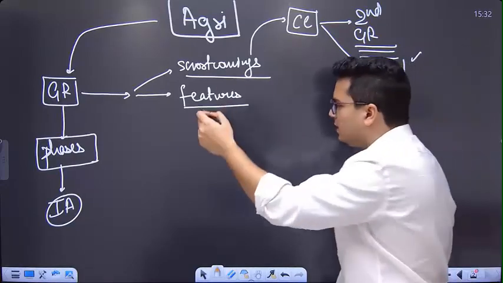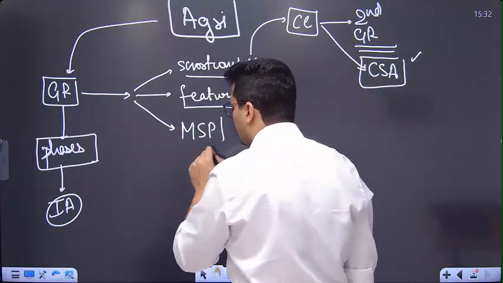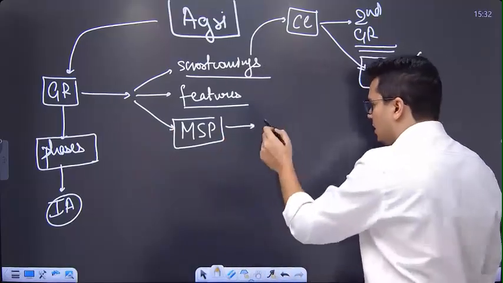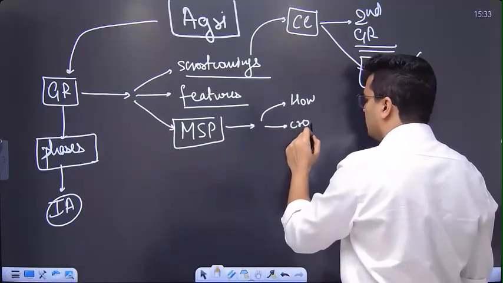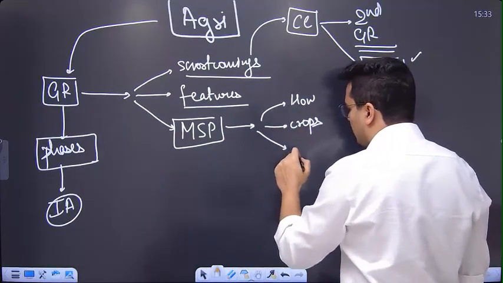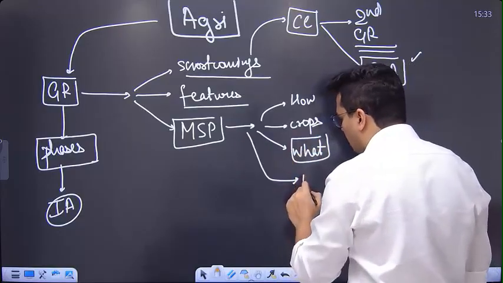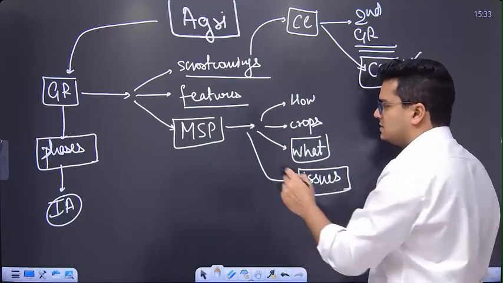Now, from the green revolution emerged something called the idea of minimum support price. Why it emerged, we will understand. Then today, how is it calculated? On what crops it is given? What is the mechanism to give MSP? What are the potential issues in the Indian market as far as MSP is concerned?